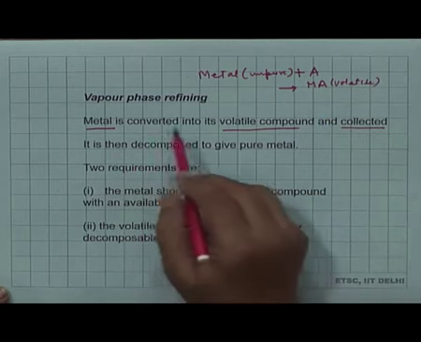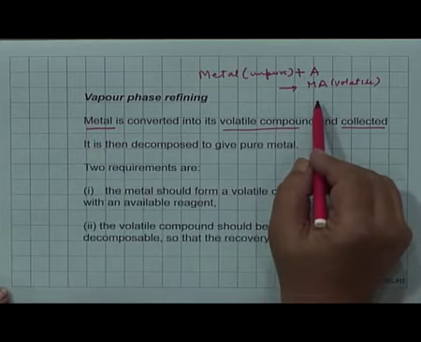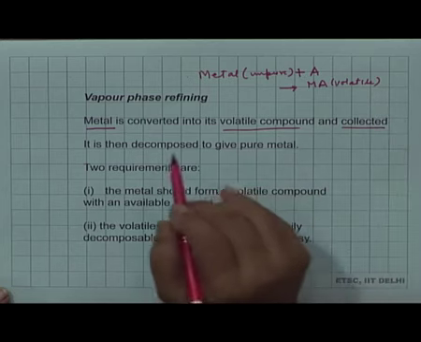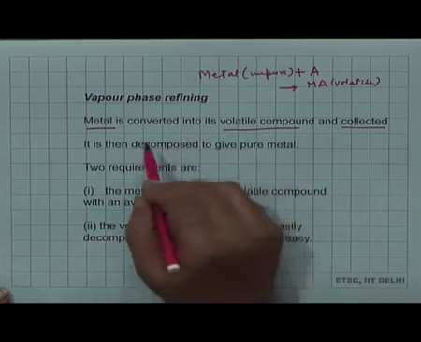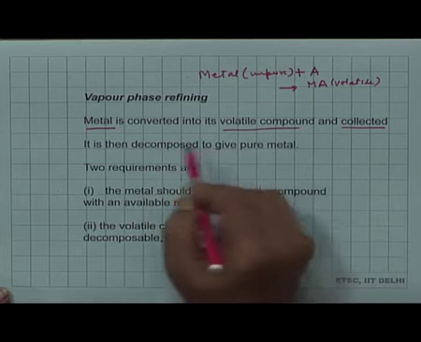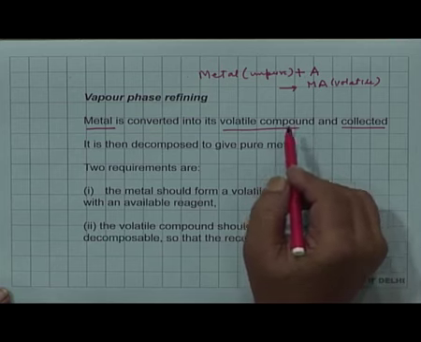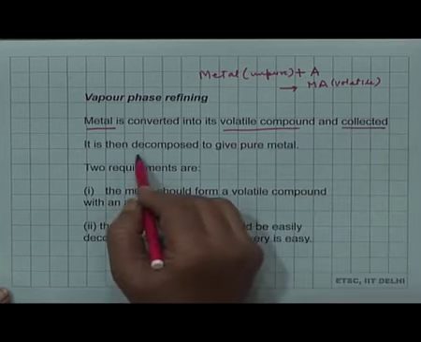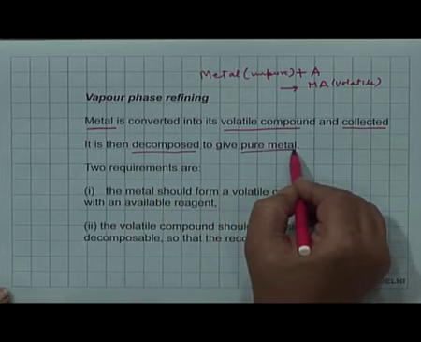The presumption is that in an impure metal, only the metal reacts to give a volatile compound. The other impurities do not show this kind of reaction. So the specific metal which we want to purify is converted into a volatile compound, and this volatile compound is decomposed to give pure metal.